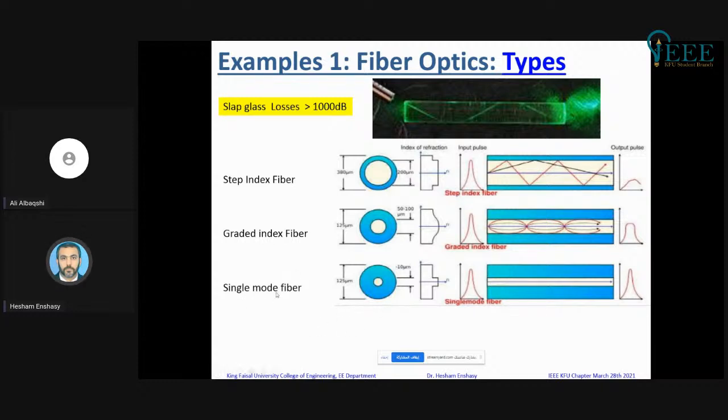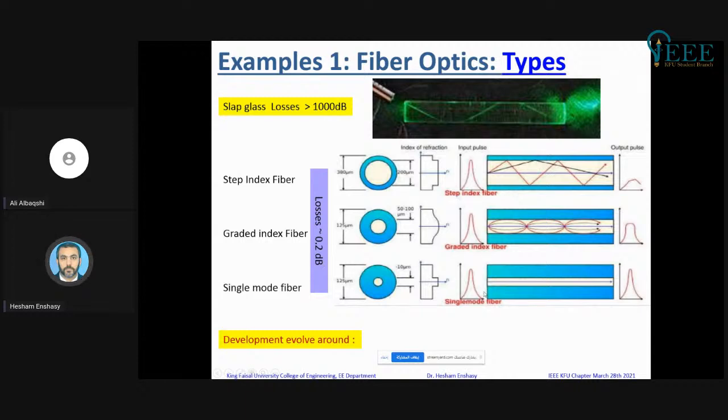In simple terms, single mode fiber improved a lot compared to the graded index fiber and step index fiber, and it makes the losses very small. Nowadays the loss is 0.2 dB.